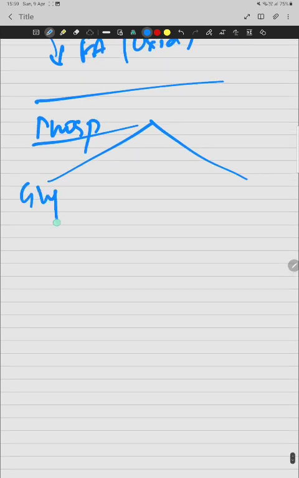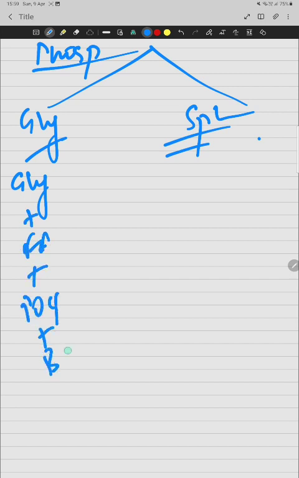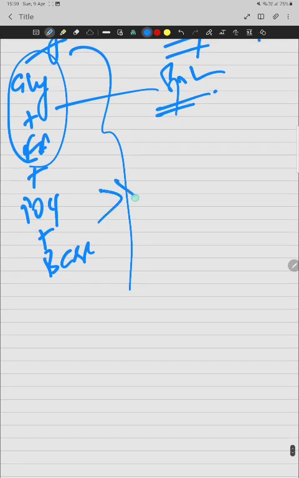There are two types, glycerophospholipid and sphingophospholipid. Glycerophospholipid is glycerol plus fatty acids, plus a phosphate group, plus a base. But when you have sphingosine instead of glycerol, that is sphingophospholipid. Majority is glycerophospholipid, minor is sphingophospholipid.